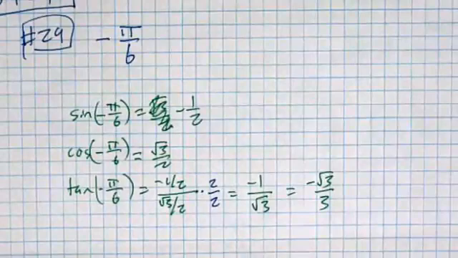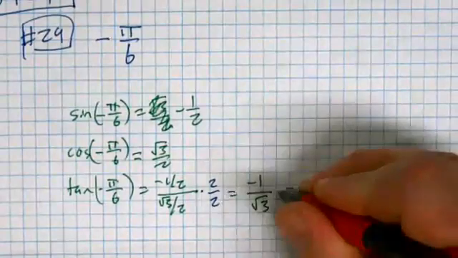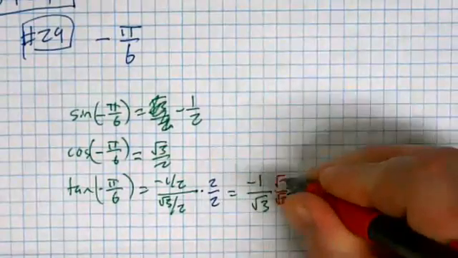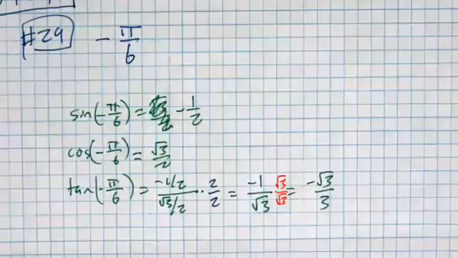Do we need to go through how to rationalize negative 1 over root 3, or do you guys remember how to do that? You just multiply it by a fancy 1. My fancy 1 would be root 3 over root 3.